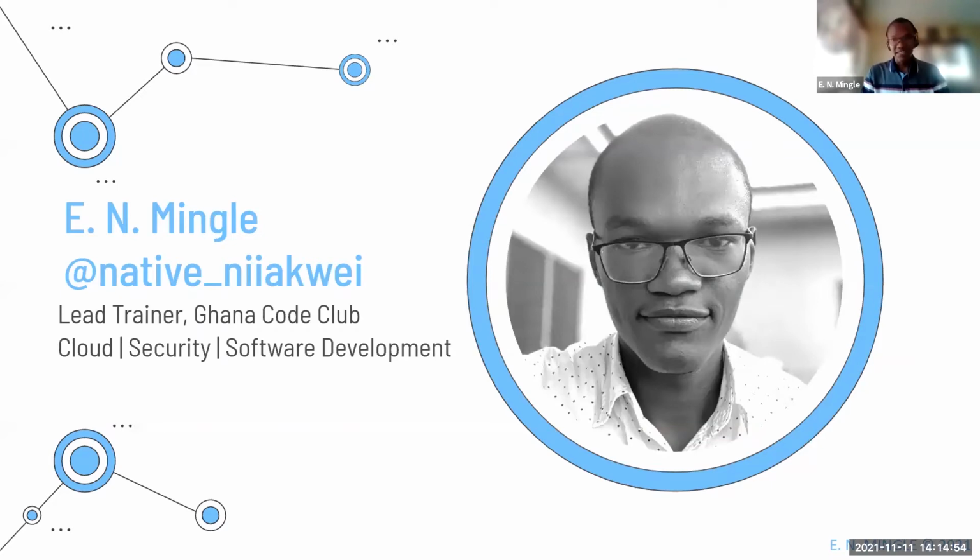In addition, I'm a software developer. My key areas of interest are cloud security, security in general, and some aspects of software development. So you could call me for cloud security and software development related issues.